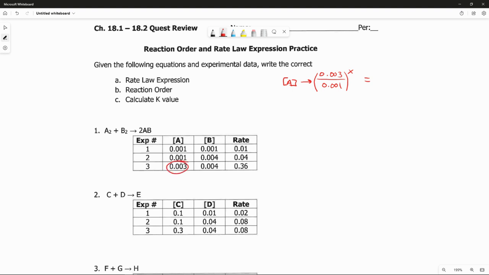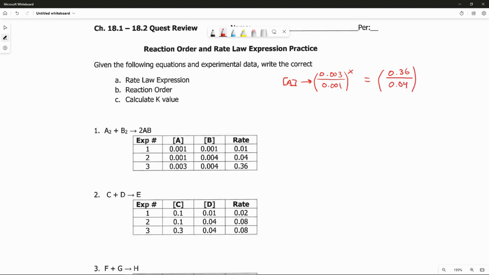So 0.003 corresponds with 0.36, and 0.001 corresponds to 0.04. The fraction will always have the same experiment on top, so since 0.003 is on top, 0.36 is on top as well. And since 0.001 is on the bottom, 0.04 will also be on the bottom.